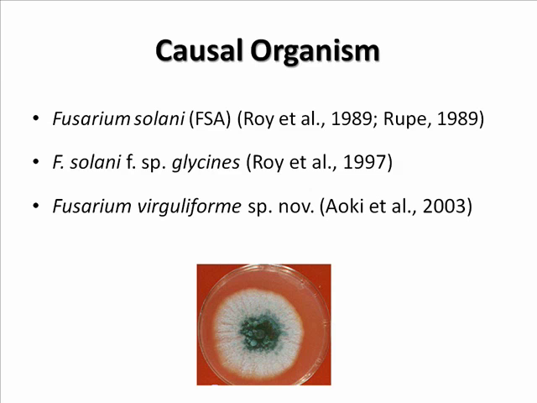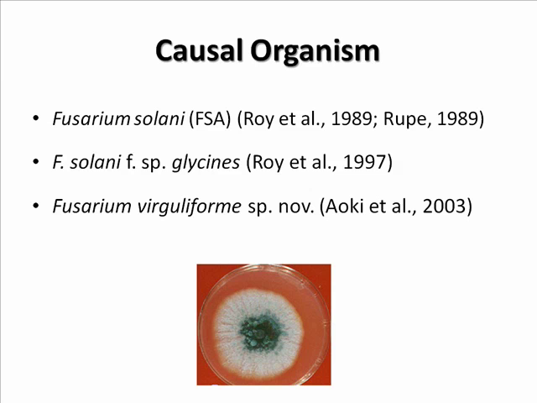With Koch's postulates, when the disease is first observed, they isolate the pathogen, grow it on a culture medium of some sort, say PDA, and then re-inoculate it into a plant, in this case soybeans, and see if the same disease symptoms develop throughout the growth stages of the plant. If the same disease symptoms are found, then they know they have isolated the single organism that's causing that disease. That's how Fusarium solani was found to be the causal organism of SDS.